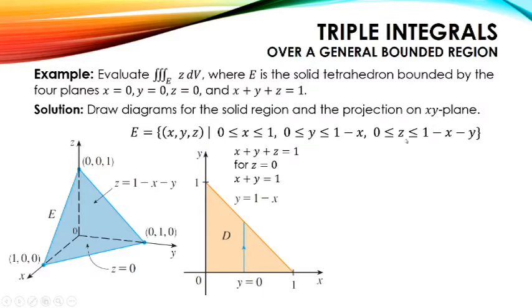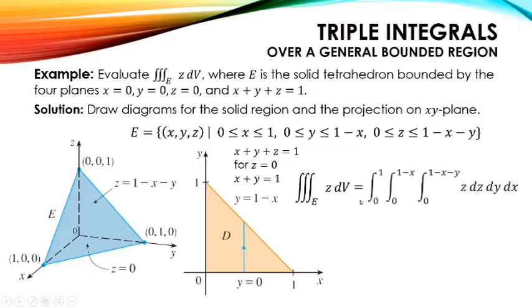And yung z is evaluated from z is equal to 0 up to one of the faces where z is equal to 1 minus x minus y. So, yun. Okay? So the triple integral of z dV is equal to the integral of z dz dy dx. So yung limit ng z is from 0 to 1 minus x minus y, and y is from 0 to 1 minus x, and x is from 0 to 1.